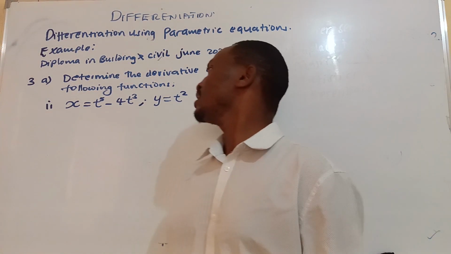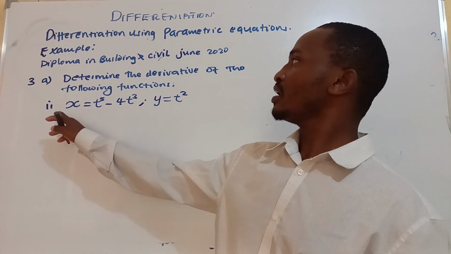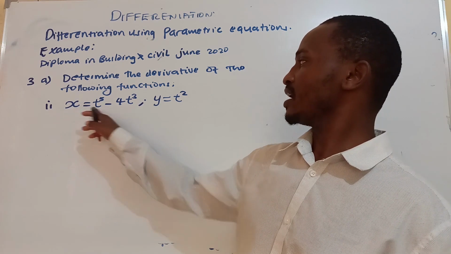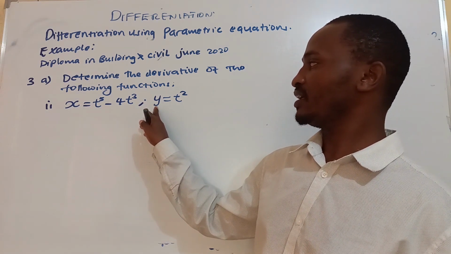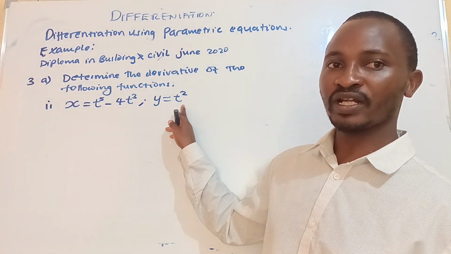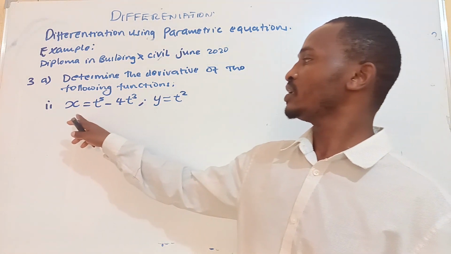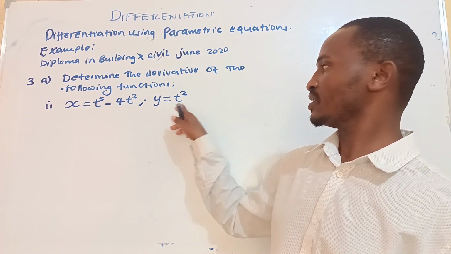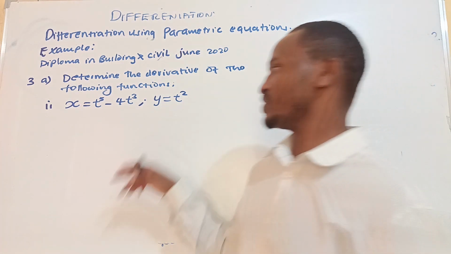So you can see both x and y are given in terms of another parameter t. So these two equations are what we call parametric equations.